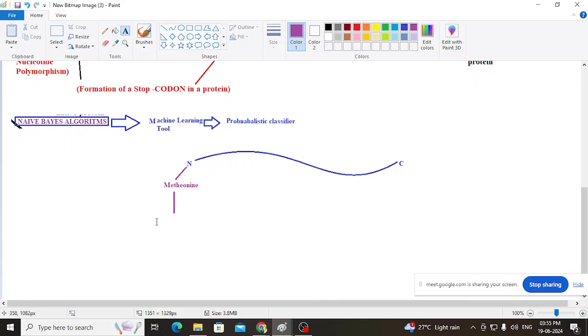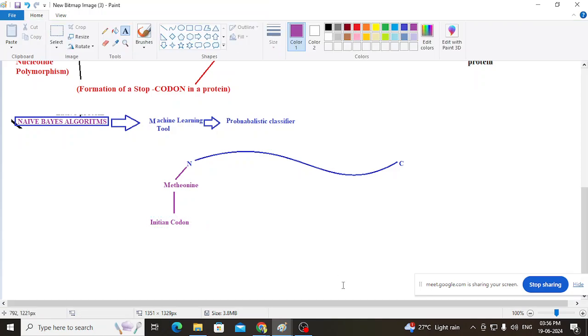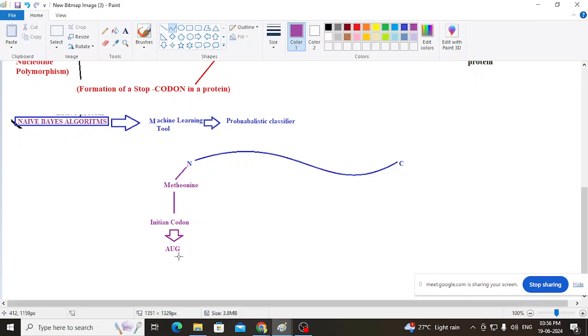Methionine is known as the initiation codon, which means most proteins will have this amino acid as amino acid number 1. And the code for this codon is AUG.